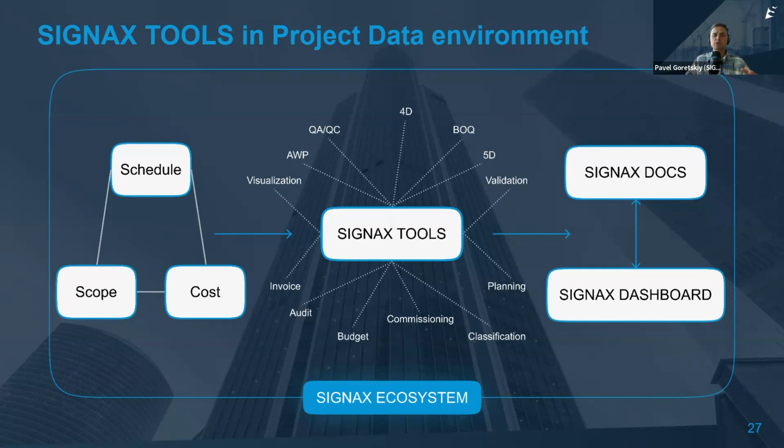Some functions use several models, taking advantage of each of them. We take the project data, improve it, and work with it through Tools. Store, approve, and collaborate with documentation and models in SIGNAX Docs, and create and visualize project reports in Dashboards. Everything within one project suite, enabling seamless and effective collaboration.